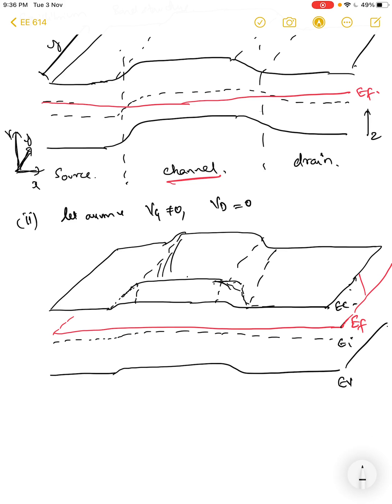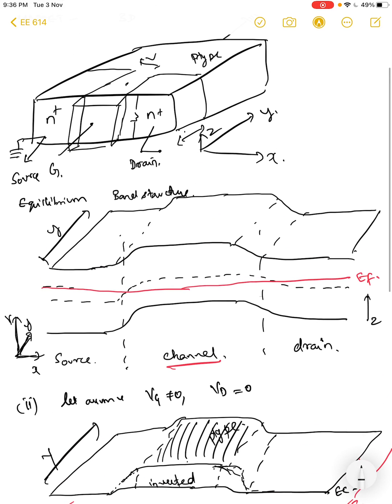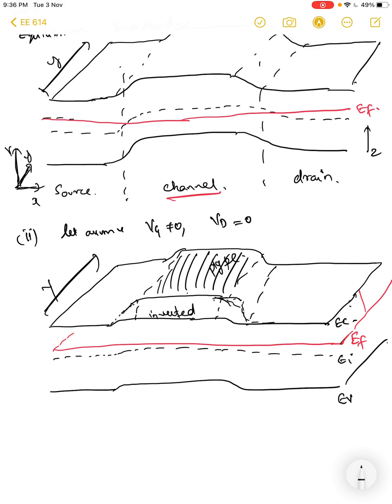So these regions are still p-type semiconductor. You have an inversion only near the surface, and this is the y. A very small distance away from the surface you still have the normal p-type semiconductor, with the conduction band as far away from the Fermi level as it should be for a normal p-type semiconductor, right?